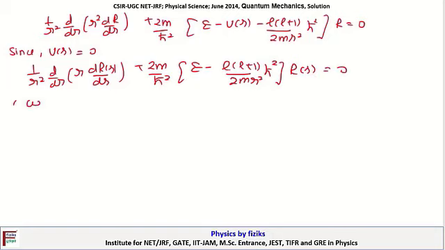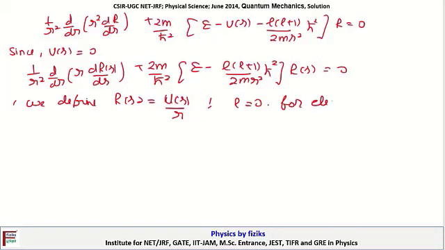Further, we define R(r) equals u(r) by r and take l equals 0 for the ground state, for an electron in the ground state, in s orbit, we can write it down.